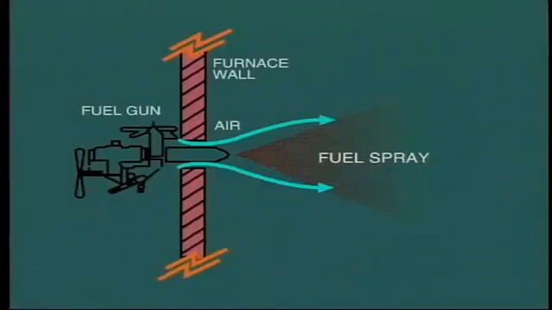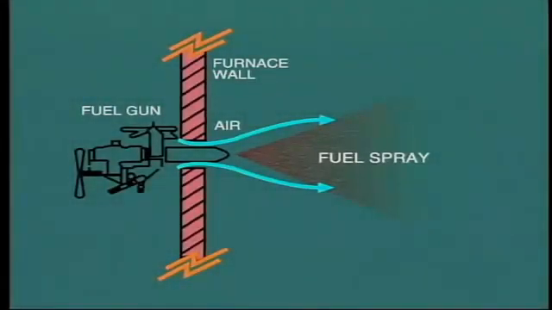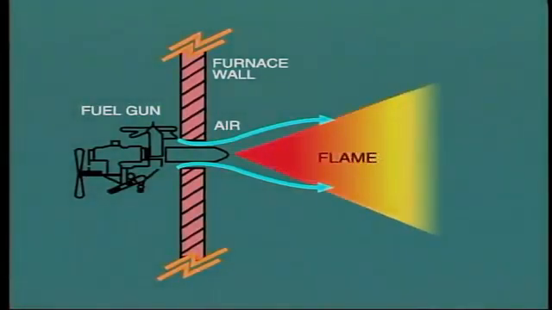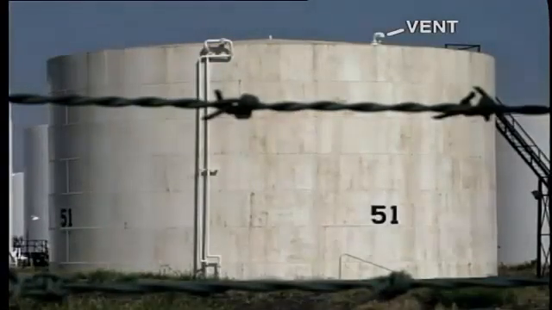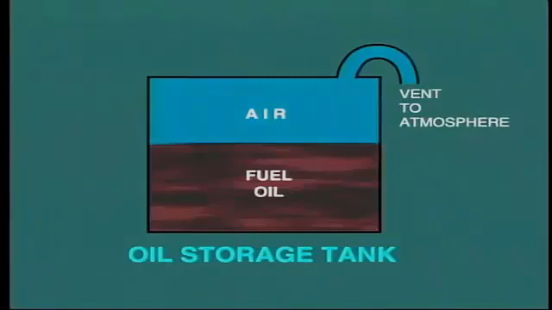The first refers to ignition temperature. Combustion will not take place without the fuel and air being exposed to a high enough temperature known as the ignition temperature. For example, a fuel oil storage tank is vented to atmosphere. Air and fuel are in contact over a wide area, but combustion does not take place, thankfully.